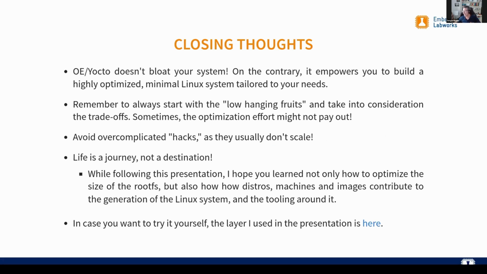Avoid overcomplicated hacks. That's very important because you will not be able to maintain that later. And of course, Yocto will not bloat your system. You really have all of the flexibility you need to do what you want with the image. It just requires a little bit of knowledge and patience.